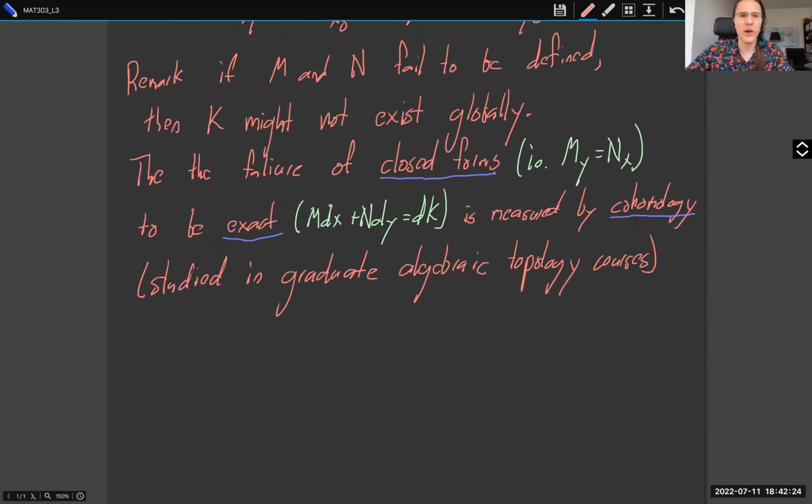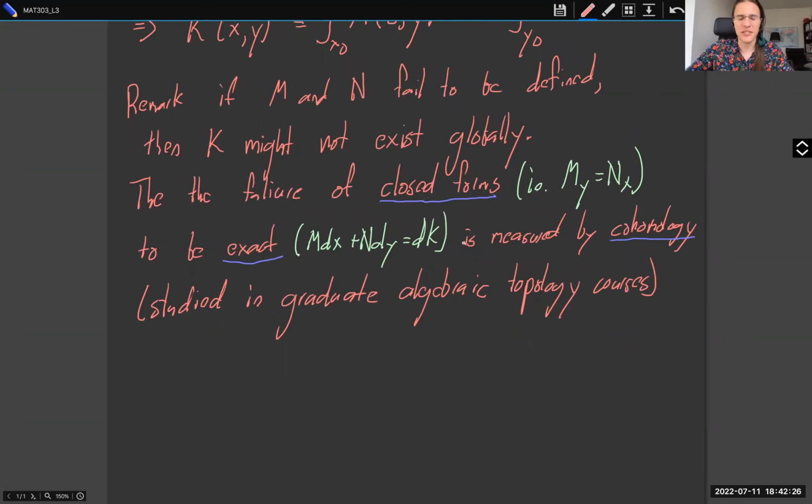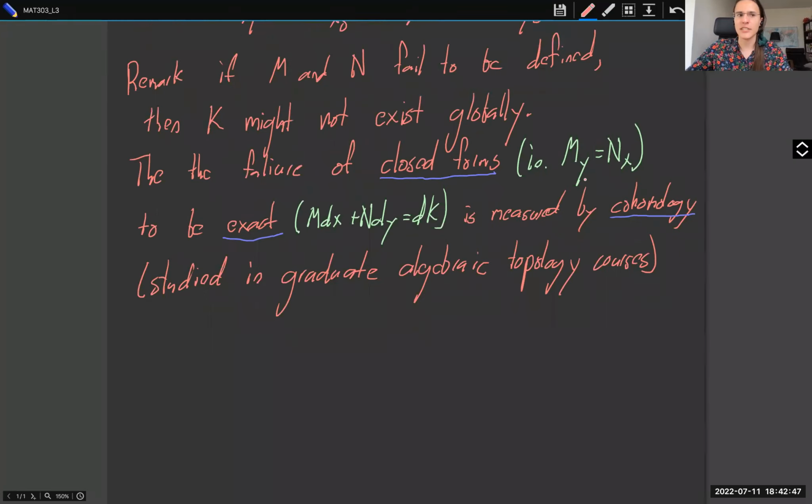Or I mean, their shape is not interesting. So that is just a term. Cohomology basically measures how many holes there are via failure of this equation to be satisfied. And it's a really cool thing in algebraic topology that you could basically study when this equation fails to hold, when this holds, and that actually tells you about the shape of the domain that you're considering. Okay, so that was a total interlude.